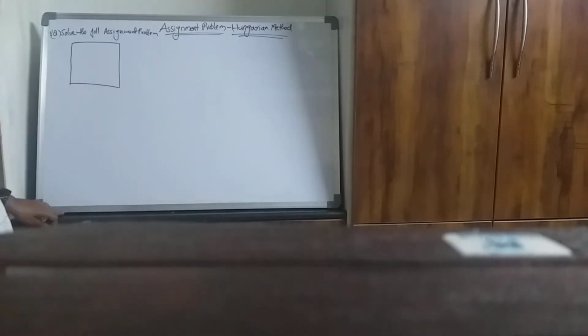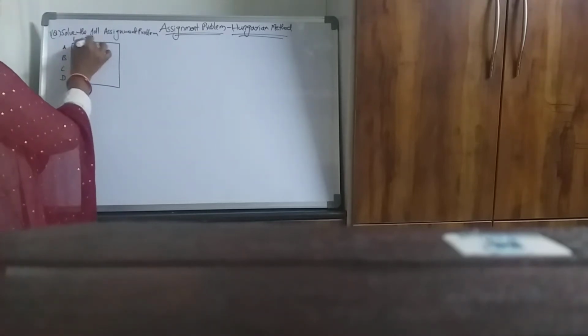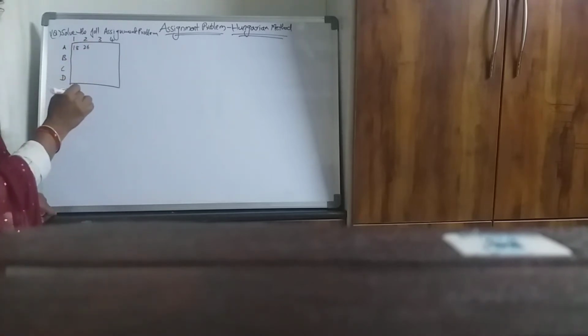Okay. So what is the problem? I'll write it here. Remember it should be always a square matrix. So here I have 4 persons A, B, C, D and 4 jobs 1, 2, 3 and 4. And the cost of performing the jobs by A is given by 18, 26, 17, 11.